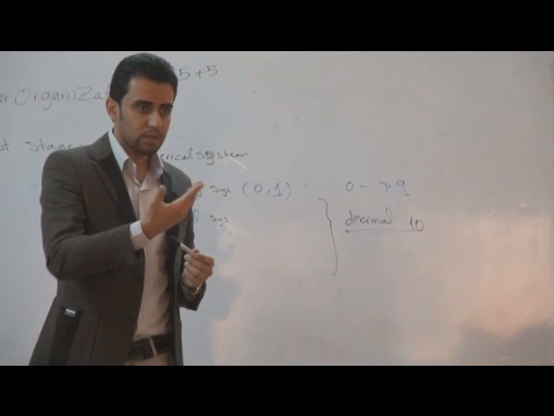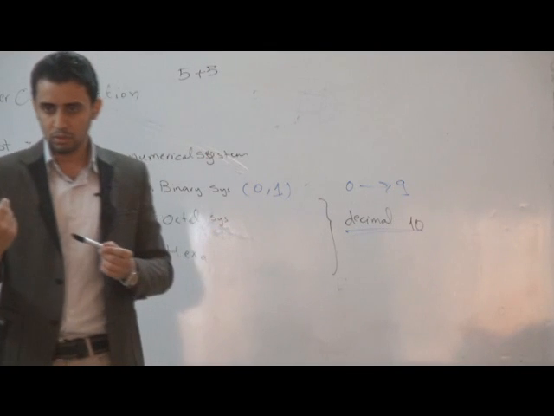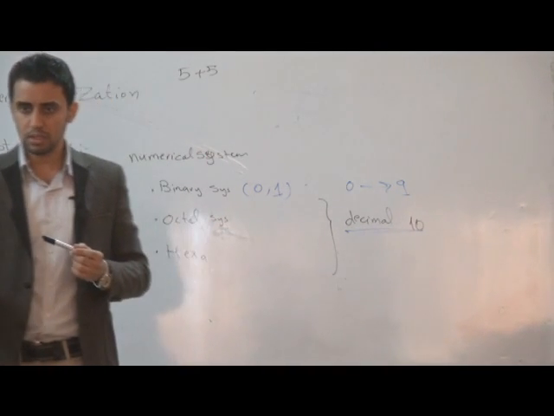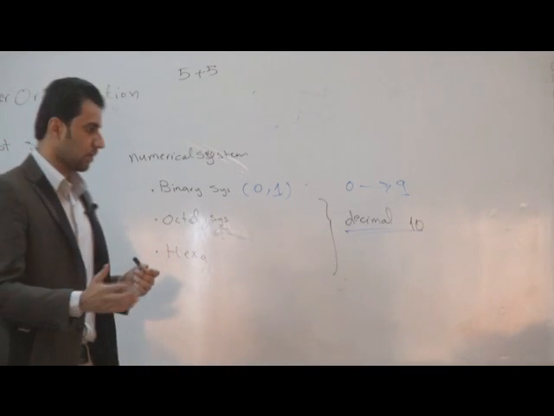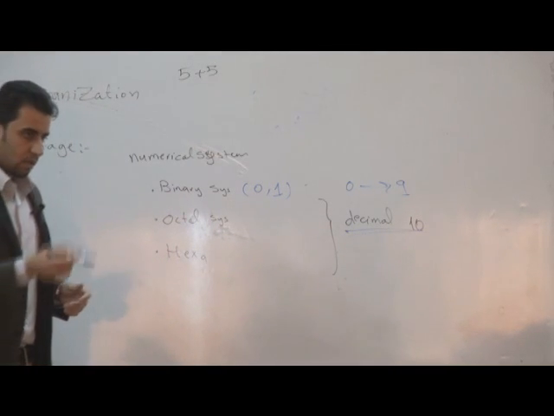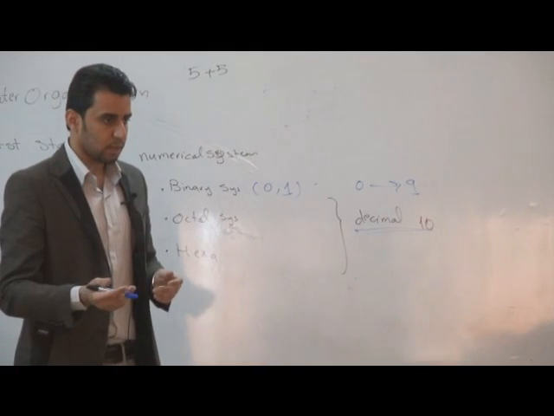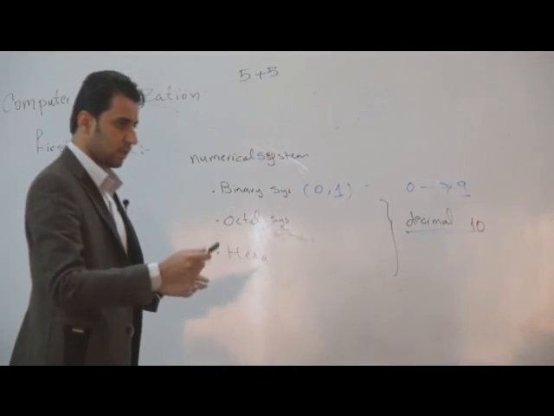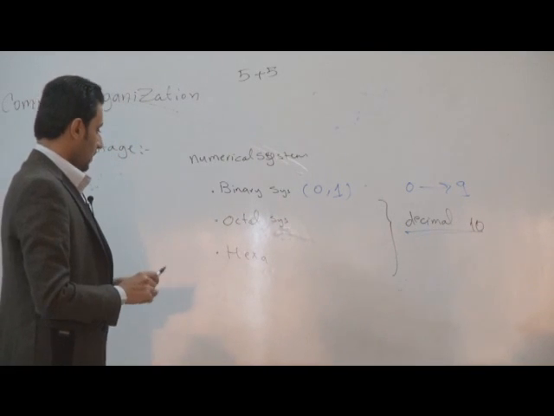How can we convert a decimal number to machine language, to the binary system, to zeros and ones? Okay, the compiler does that, but we want to know how to do it manually. Manually, with mathematics.